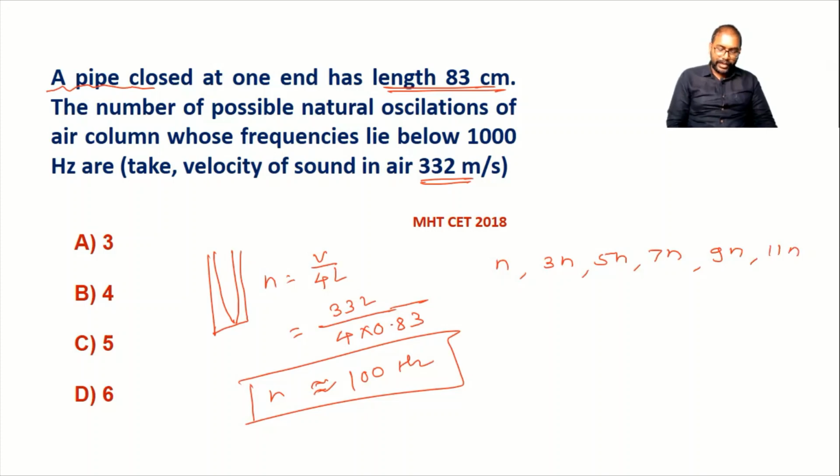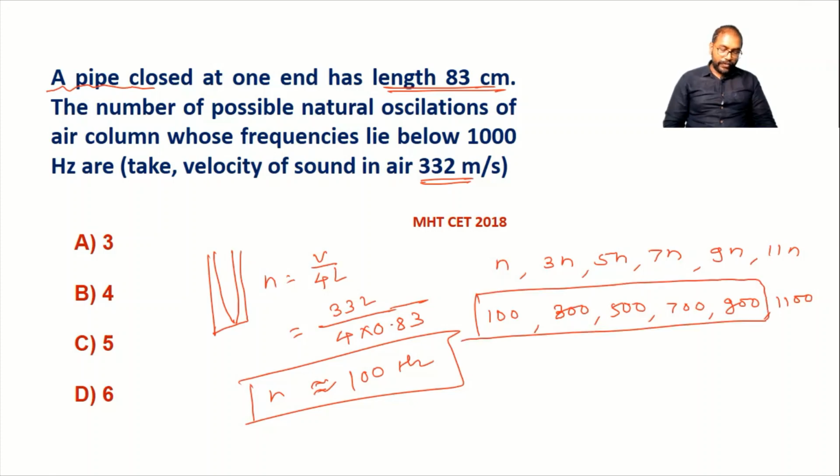It means it vibrates at 100, then 100 into 3, 300, then 500, then 700, then 900, and then 1100. Below 1000, these are the frequencies. How many are there? 1, 2, 3, 4, 5. So the answer is 5 frequencies below 1000 hertz. This 1100 is above 1000, so we are not counting it. So the answer is option C.